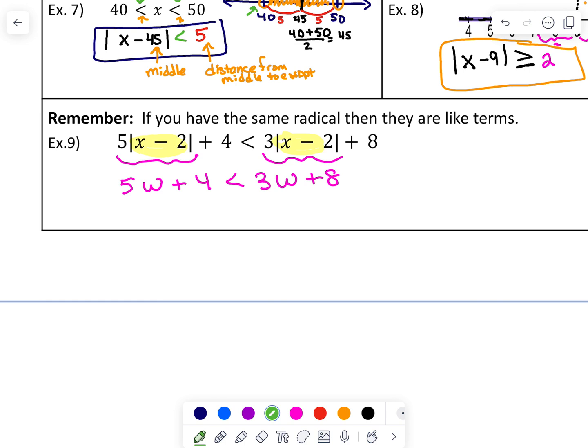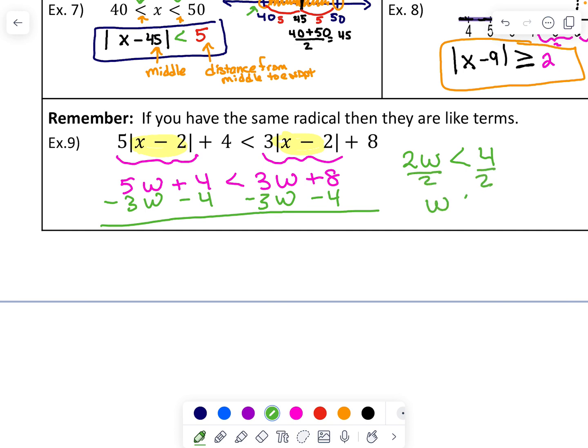Well, we just need to get the w alone, right? So what we are going to do is get that w on one side and then move the value over. So when we do that, we haven't divided by a negative or anything. So we have 2w is less than 4. And so we divide by 2, and we get w is less than 2.